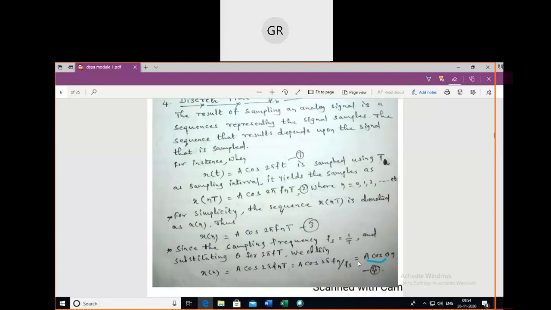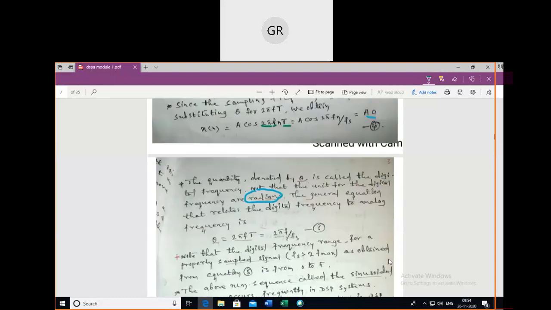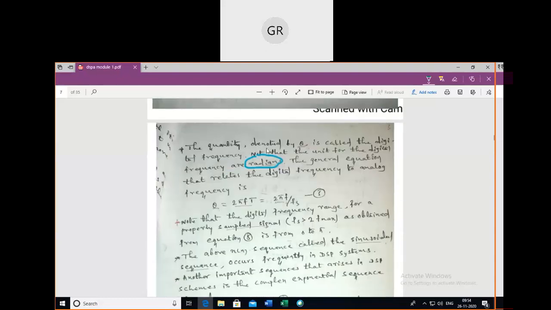What is theta here? Theta is 2 pi ft, right? That's why A cos theta n. The quantity denoted by theta is called the digital frequency.